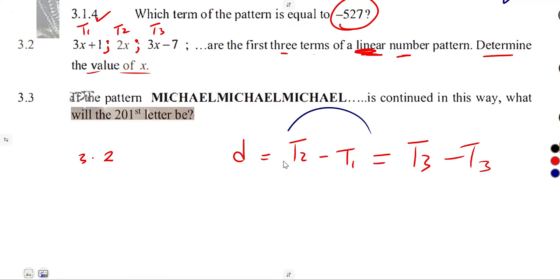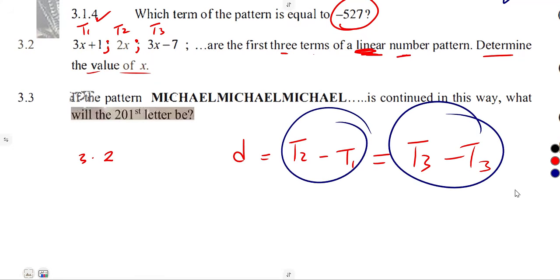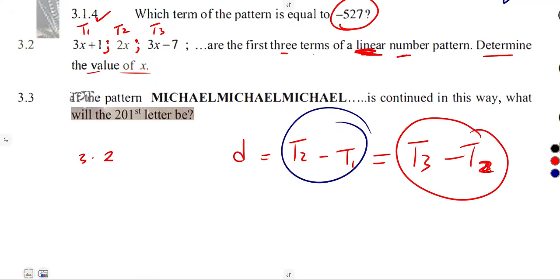So when this is equal to this, it simply means we've got an equation there, relating T3 minus T2 and T2 minus T1. So we can use the constant difference concept.